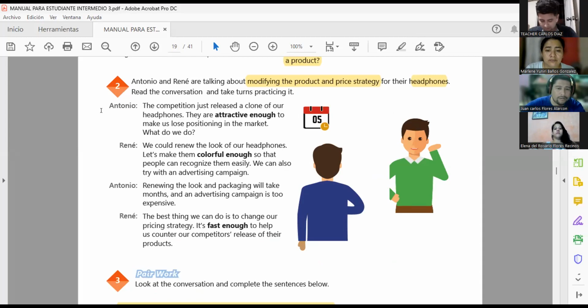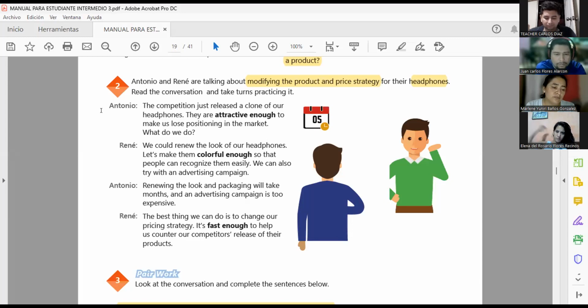The competition just released a clone of our headphones. They are attractive enough to make us lose positioning in the market. What do we do? Okay, I'm reading. We could renew the look of our headphones. Let's make them colorful enough so that people can recognize them easily.